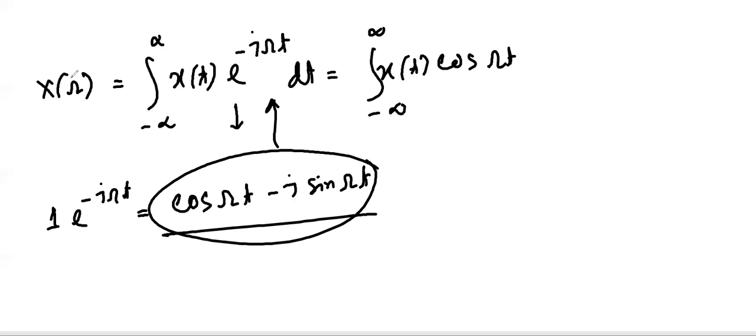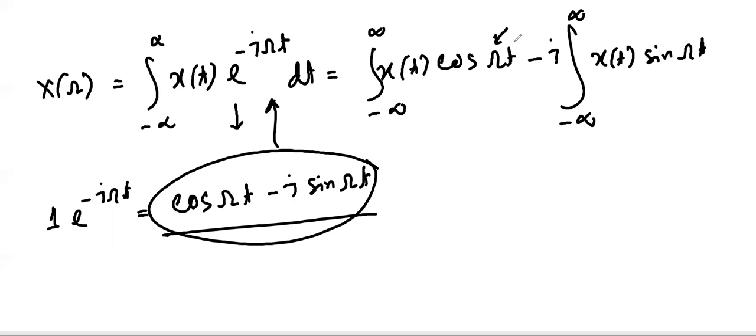That is a function of omega. Minus j we can put before the integration, because the integration is not a function of omega. So minus infinity to plus infinity, then x(t) sin omega t, and of course there is dt. Okay, I forgot this dt.